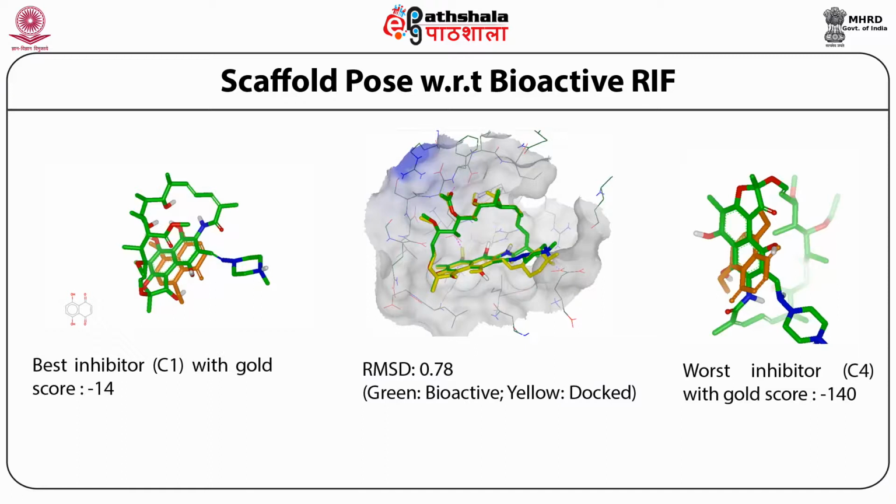RIF was always used as a standard for our activity, for recovering the pose. We got the best inhibitor, C1, with a very good GOLD score. The lower the score, the worse the value. So we calculated these 2 scores and found out which would be the most effective.